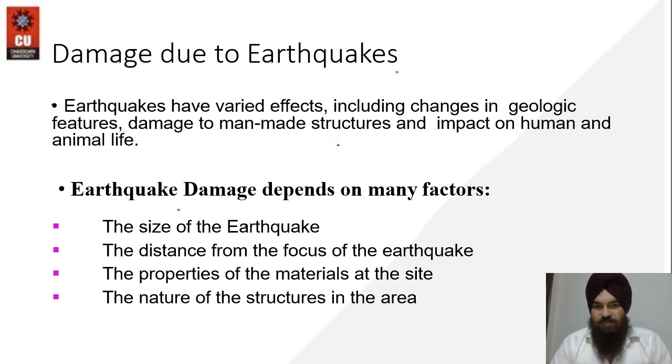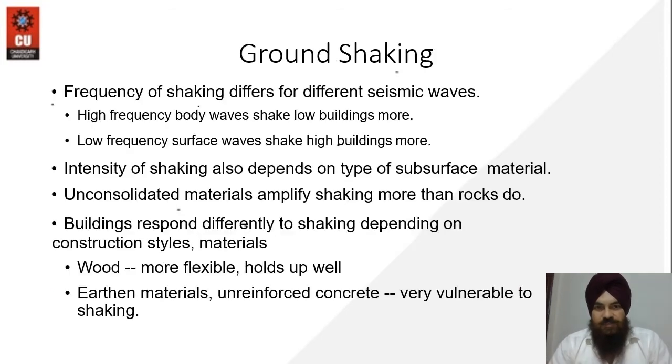Steel structures will have less damage due to earthquake as compared to timber and RCC structures, as steel is a ductile material, which has the capability to absorb shocks or vibrations. Now, in this slide, we'll be studying ground shaking in detail.